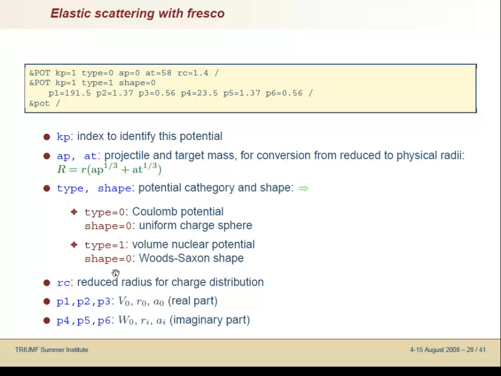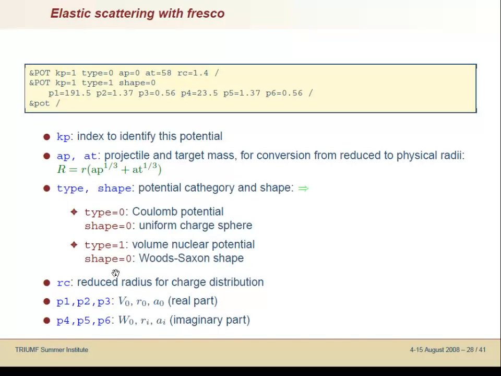Type equals 0 corresponds, if you go to the manual, to the Coulomb potential. So the rest of the variables will correspond to this Coulomb potential. And shape equals 0 is the only possibility that we have in this case.